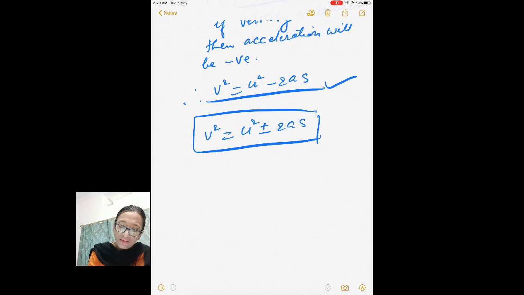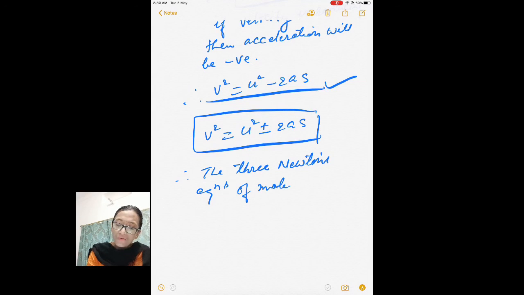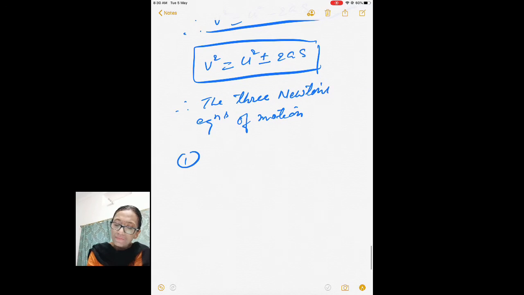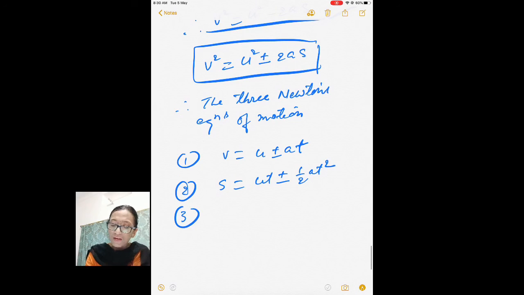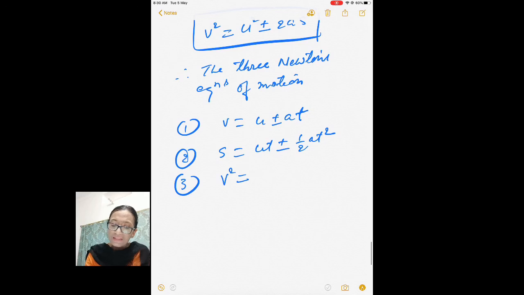First, v is equal to u plus minus at. Second, s is equal to ut plus minus half at square. And third, v square is equal to u square plus minus 2as. So here I conclude.